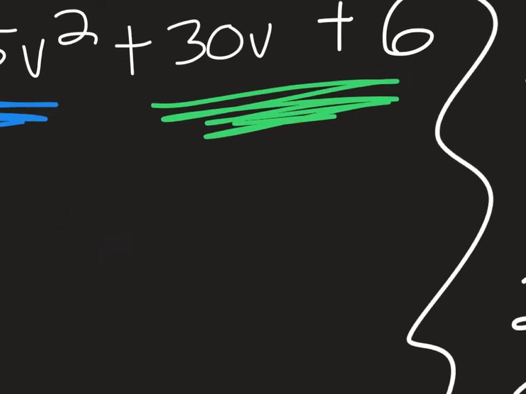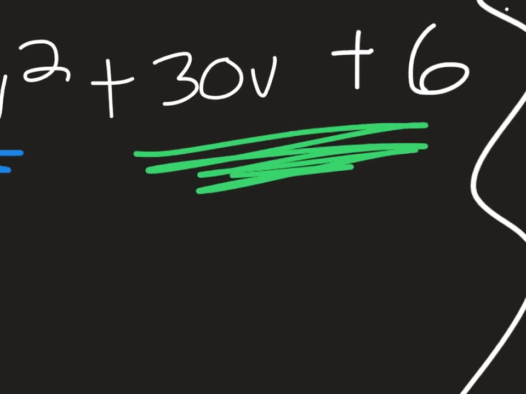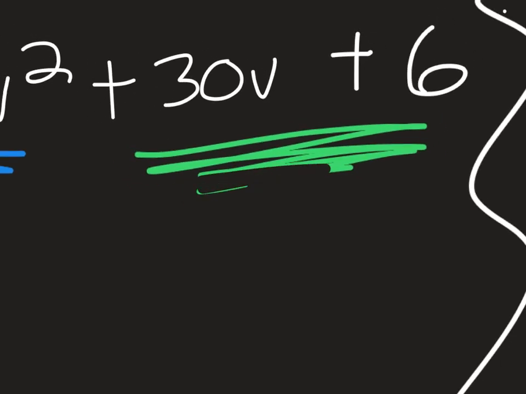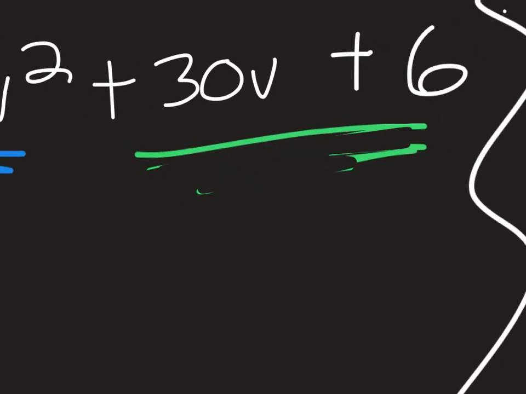Now I am going to zoom in on the green group. I notice that I've got a 30 and a 6. I'm going to look at the numerical portions first and see what number can be factored out of 30 and 6. Of course, they're both divisible by 6, so the greatest common factor for the numerical portion is 6.